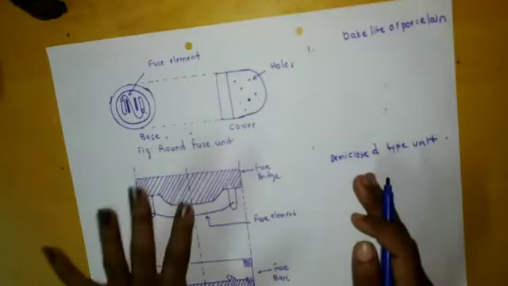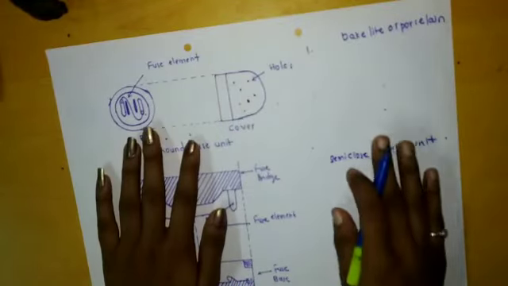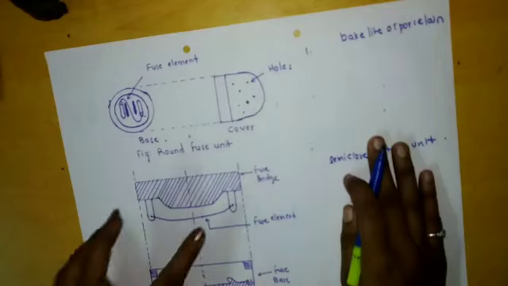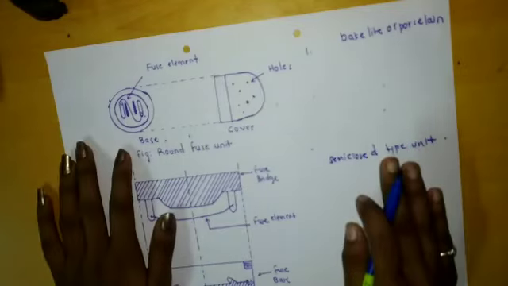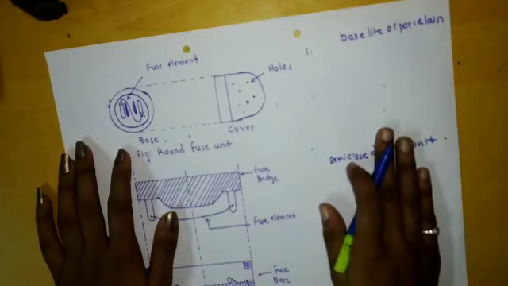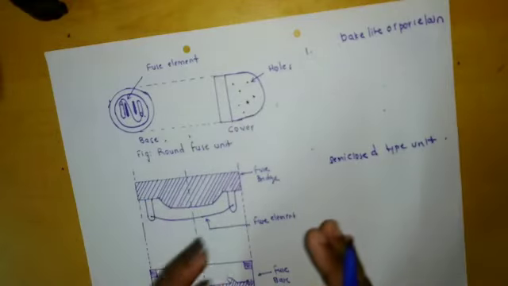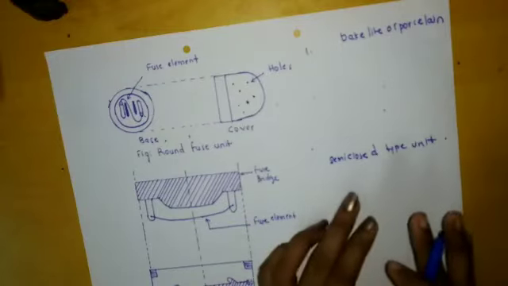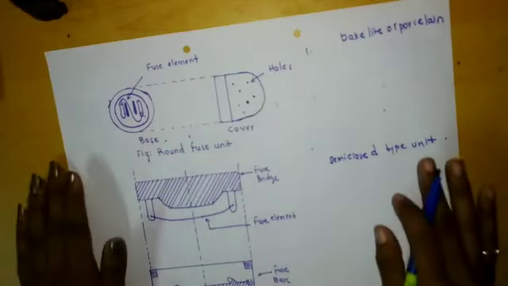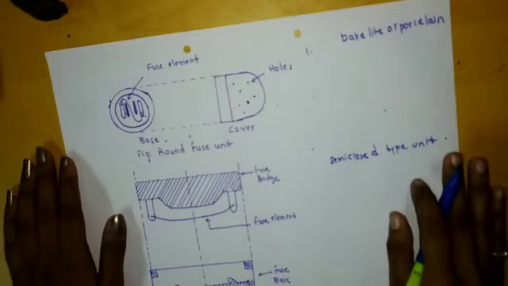So it is a semi-enclosed type unit. You have to understand this. It is neither kept in free air nor completely enclosed. For households and laboratory purposes, these are mostly used.